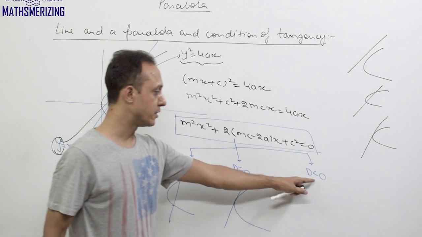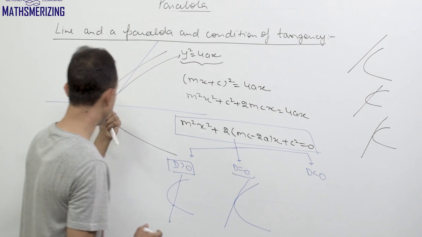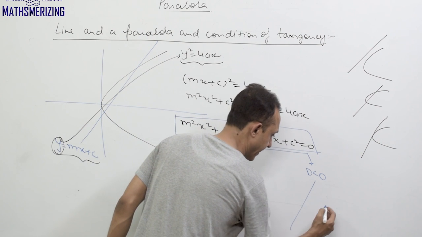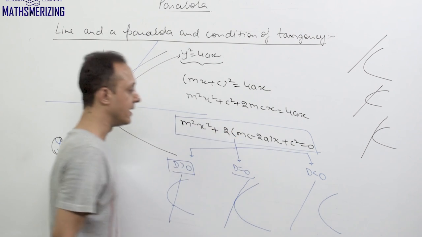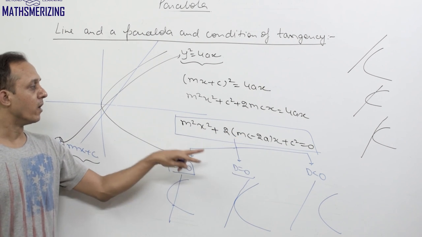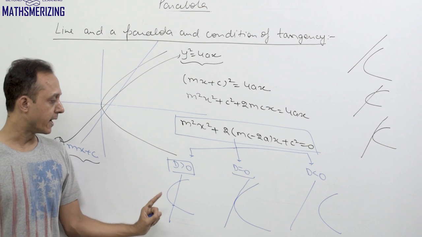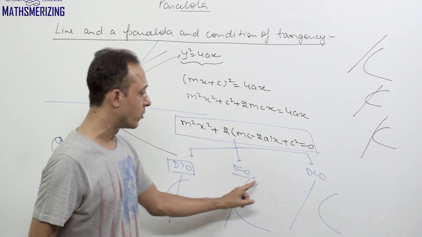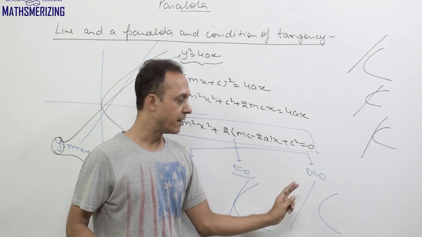And if d is less than 0, it simply means this parabola and line do not have any point of intersection. In that case, this line and parabola will never intersect each other. So this is how we can work out the three conditions, whether a given line is going to intersect a parabola at two points, or touch it, or never intersect it.